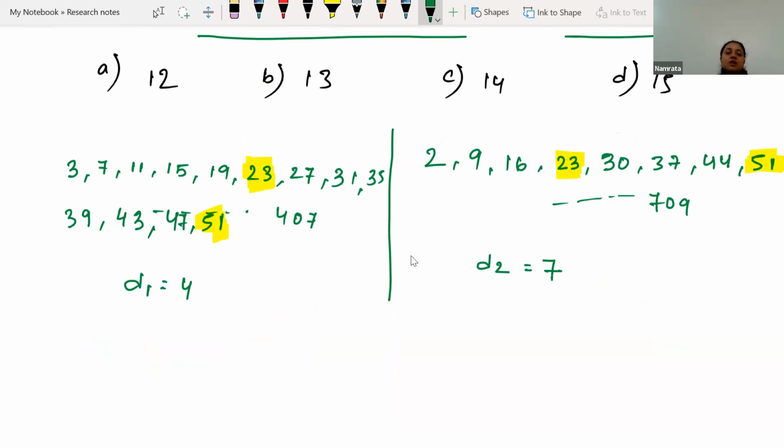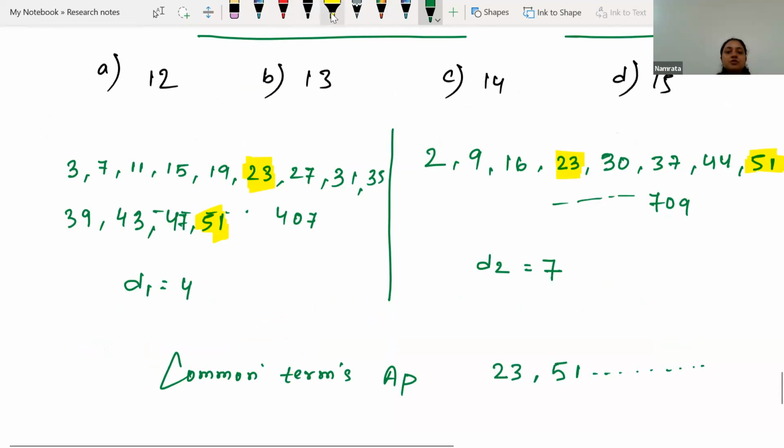Now our sequence of common terms, an AP, will be 23 as the first term, 51 as the second term, and what will be the last term? Whatever the last term is, it will be smaller than 407. Do you agree with me?